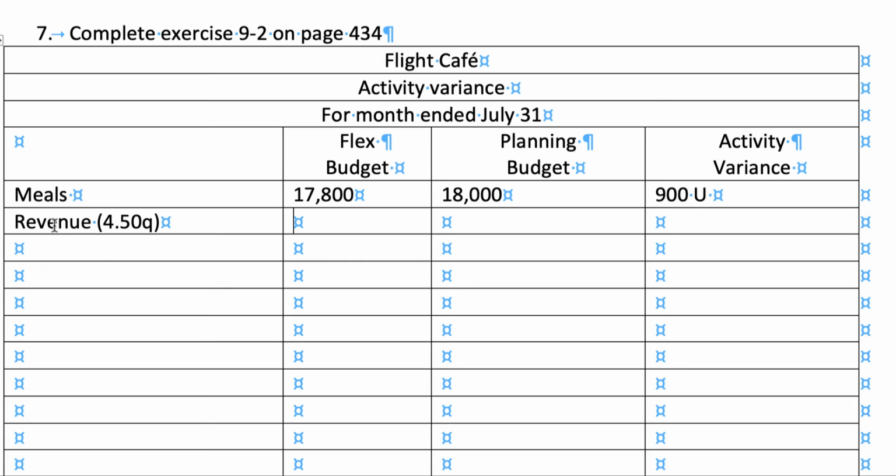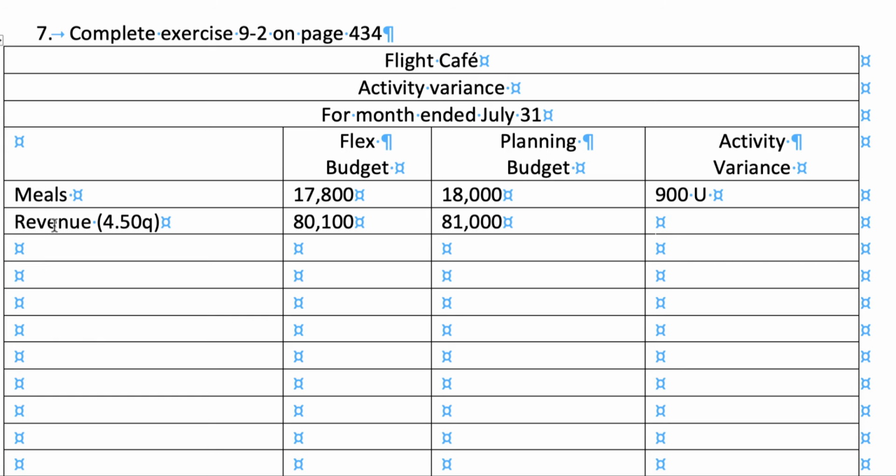They already gave us the calculations. We don't have to calculate anything for this point, right? So we see that the revenue for the flex budget is $80,100. For the planning budget, it's $81,000. And again, that's just taking the quantity of meals times the revenue that we earn.